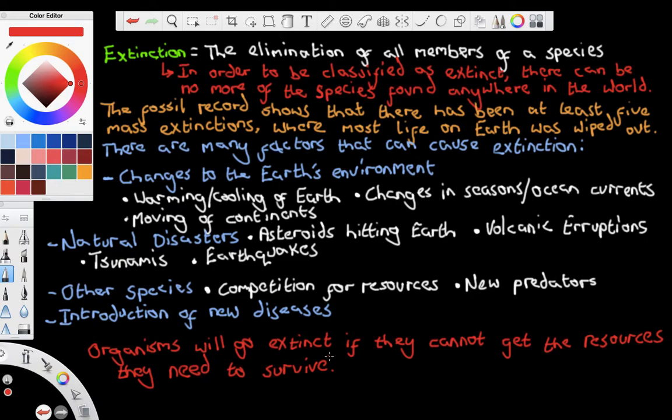Natural disasters such as asteroids hitting the Earth, volcanic eruptions, tsunamis, earthquakes can cause extinction. Other species, which create what's known as competition for resources, and new predators can cause extinction, and introduction of new diseases can cause extinction. Ultimately, organisms will go extinct if they cannot get the resources they need to survive.